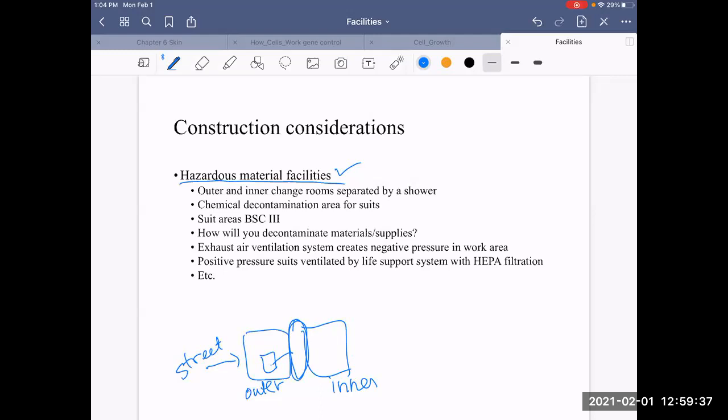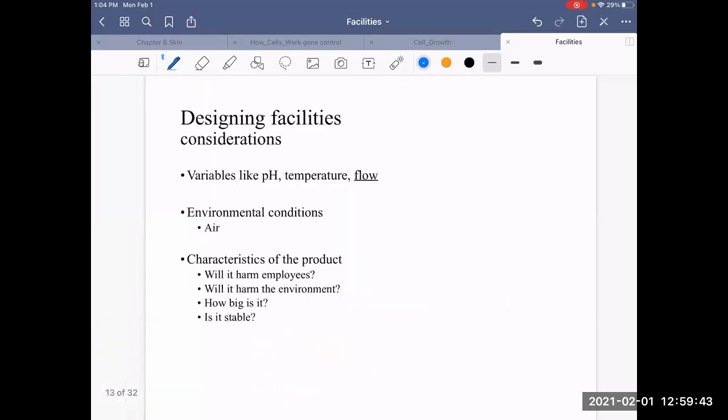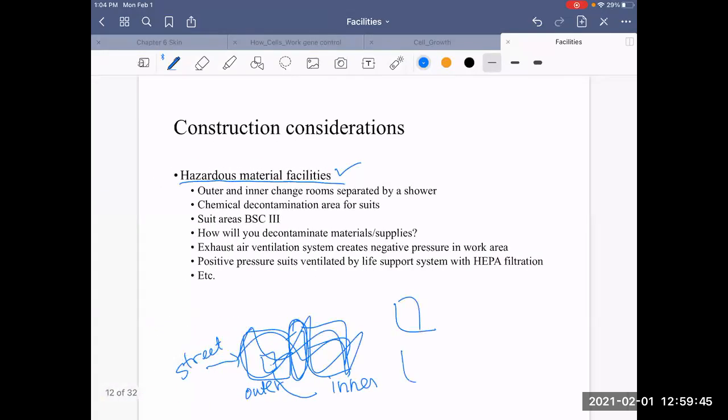You're not going to go in and out the same door. If you're going in, you come in this way. When you come out, you go out that way.